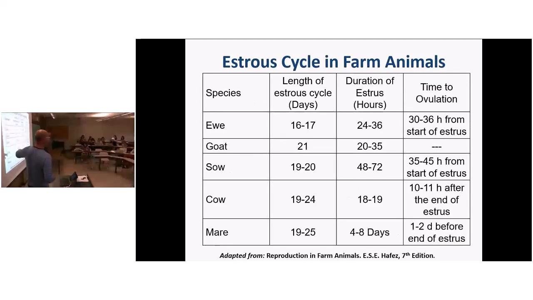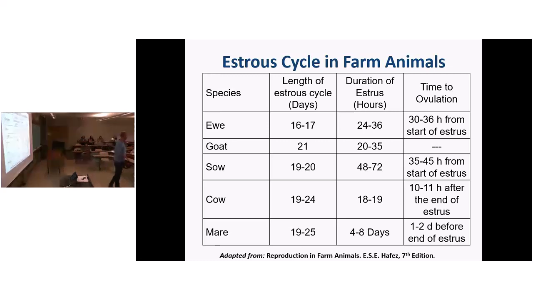Okay, so this is just a little slide for you to have this sense. For most of the domestic species we talk about, take a look at the range, but around 3 weeks tends to be the length of the estrous cycle. You can have several follicle waves within the estrous cycle.